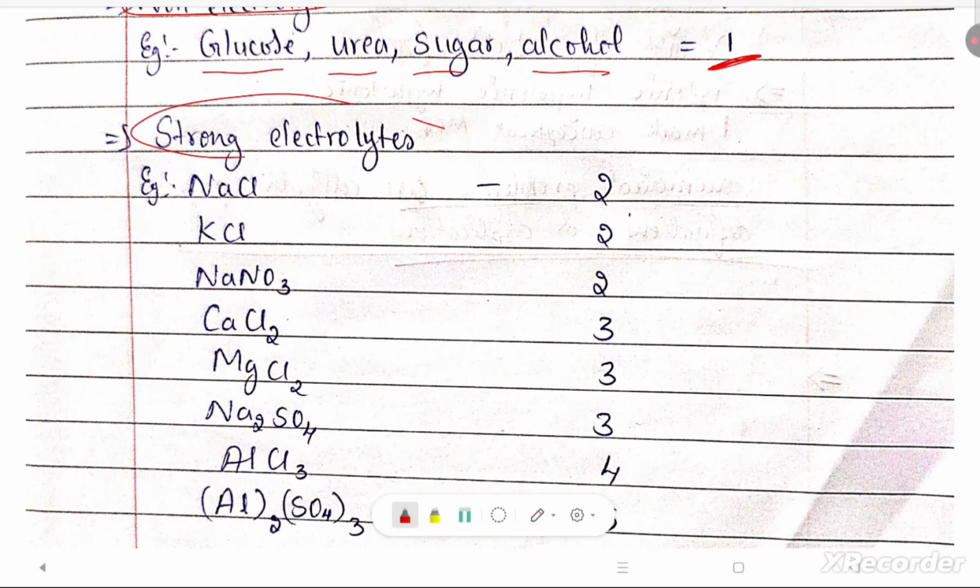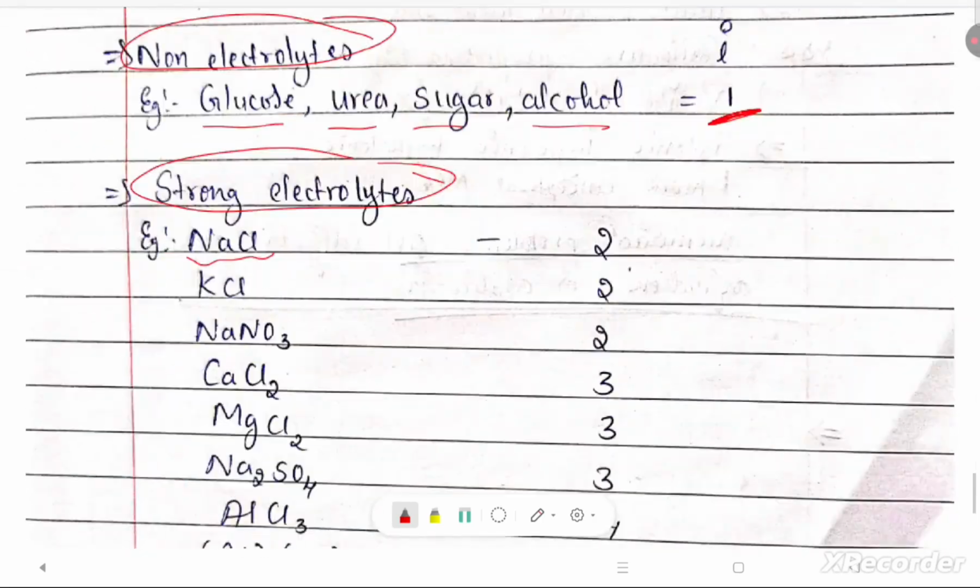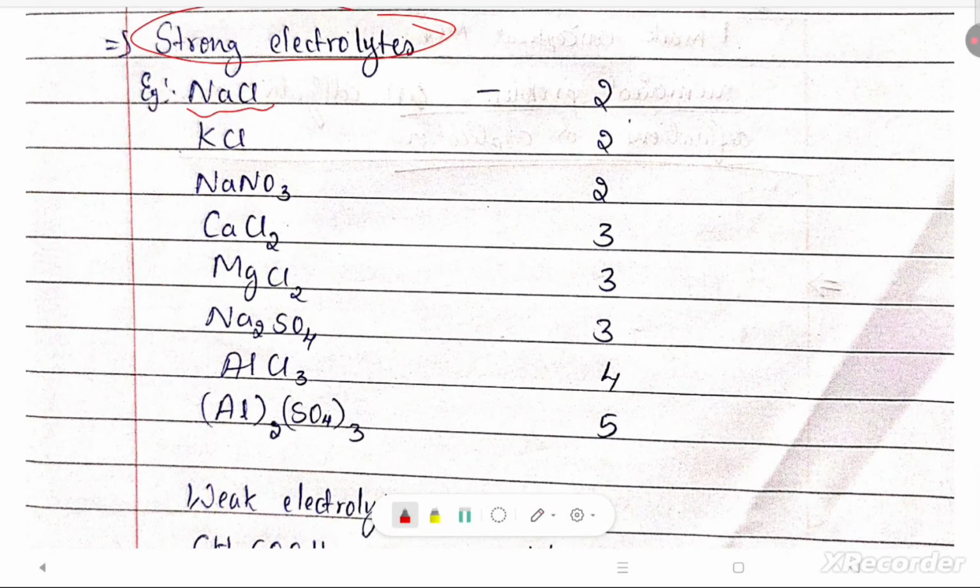Then a strong electrolyte will completely dissociate, that is NaCl. NaCl will dissociate into Na+ and Cl-. So 2 ions are there, the i value is also 2. Here K+ and Cl-, so 2. Here Na+ and NO3-.